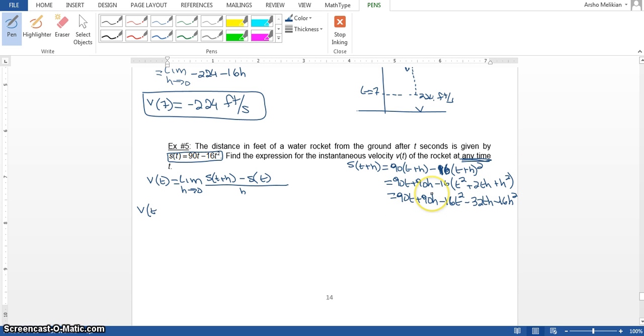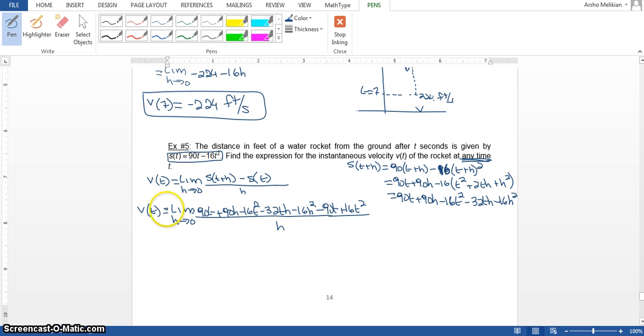So v of t now is the limit as h approaches 0 of this one minus s of t, so it's minus 90t plus 16t squared, all over h.